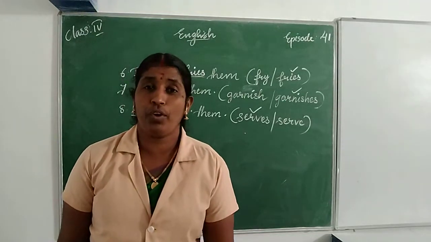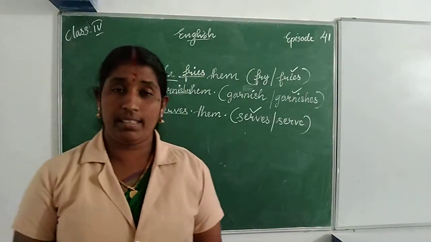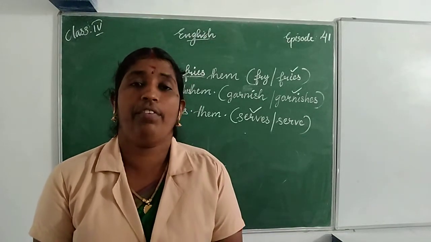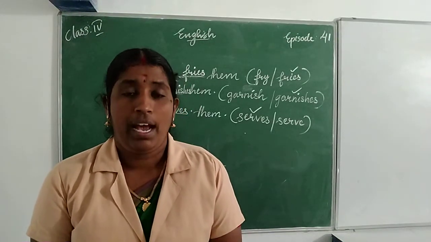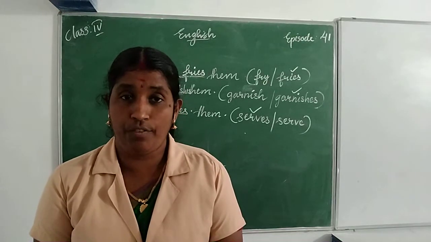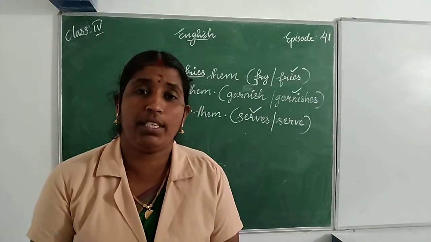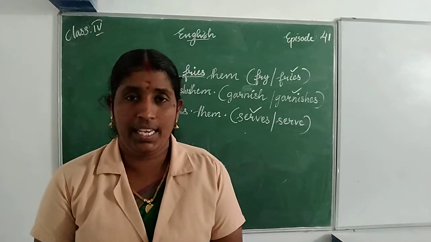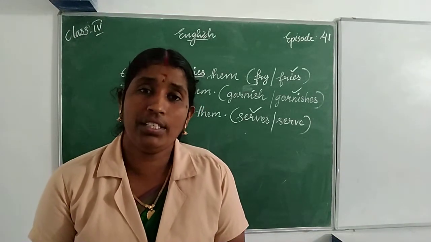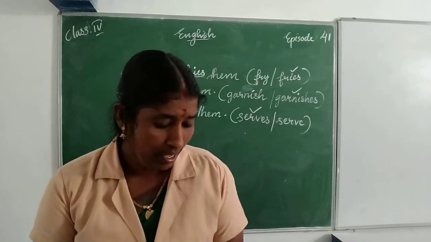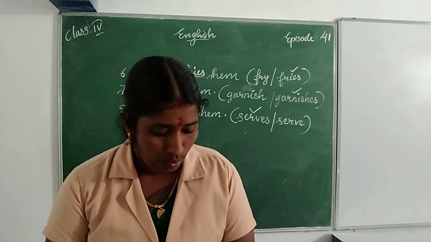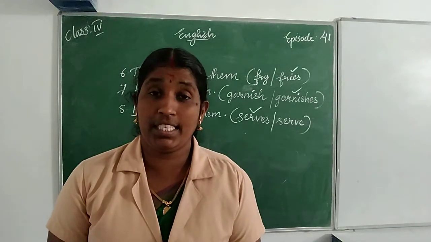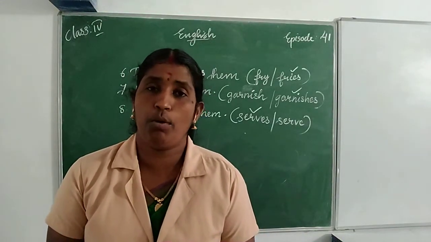I hope all of you understood what subject-verb agreement is, where we use the singular verb and where we use the plural verb, and how we can find the subject of a sentence. When we get a sentence, ask the question: what or who is the sentence about?